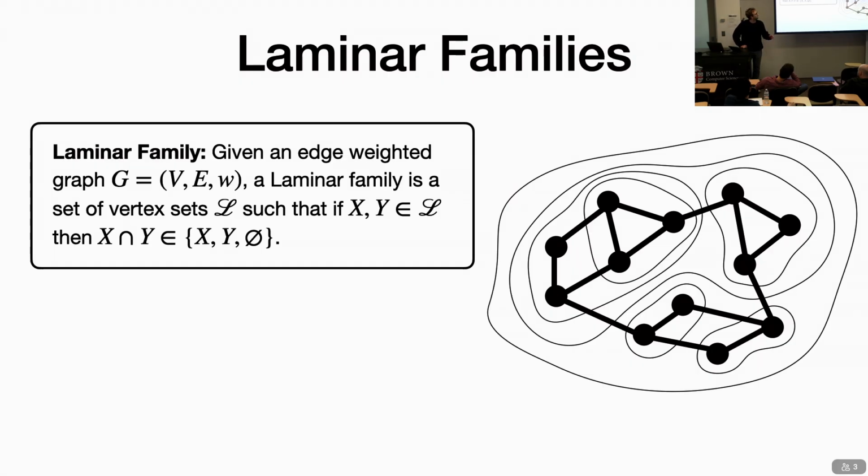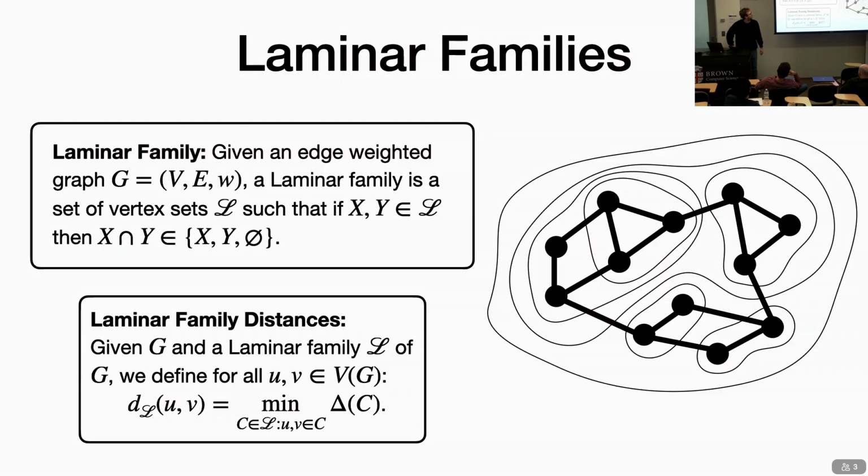It's just a bunch of sets of vertices so that none of them cross each other. And then you can define distances pretty similarly. For any two vertices, you look at the smallest set that contains both of them, and their distance is going to be the strong diameter of that set.